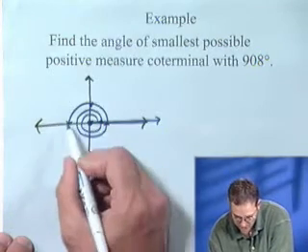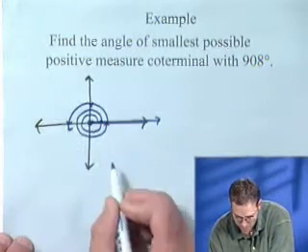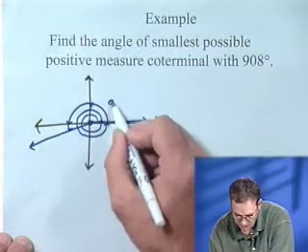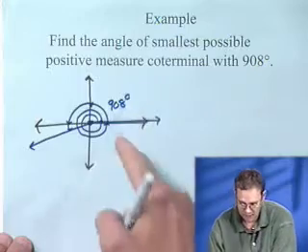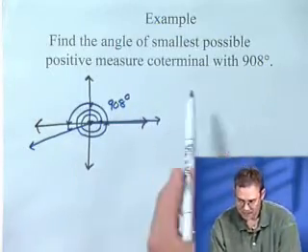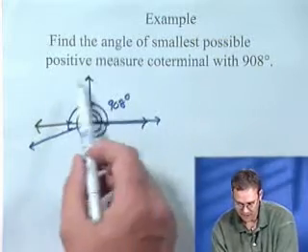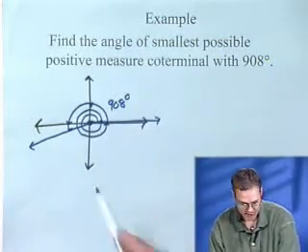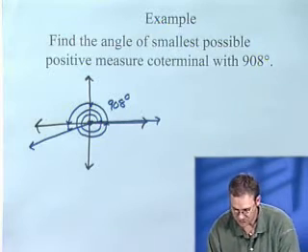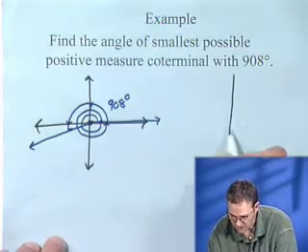And so I have to go about 8 degrees more. And there's my angle, 908 degrees. All right. So the question is, what is the smallest positive angle that's coterminal with this? In other words, find the angle that has the exact same initial side and the exact same terminal side.